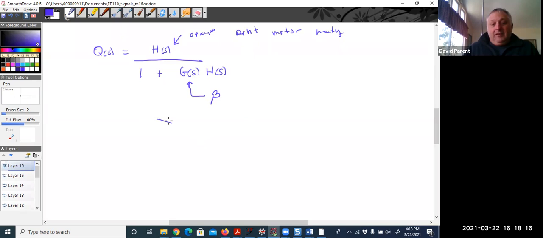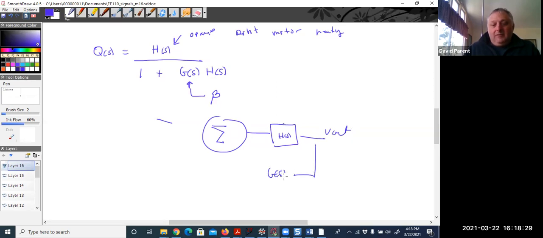So here's the thing. We have a summer. We have H of S, we have V out, G of S, and we're subtracting that. That's in. This could be the dial on the heating system, the furnace, the motor, the steering wheel, where you want the robot to go.